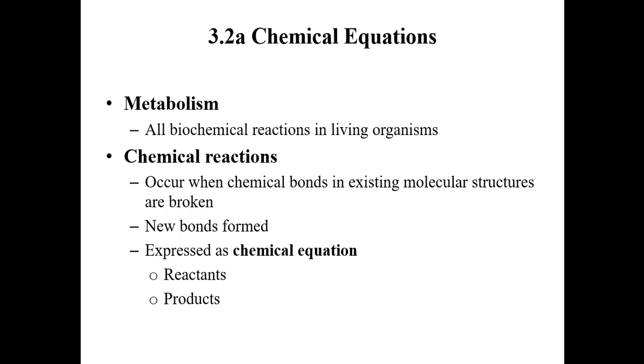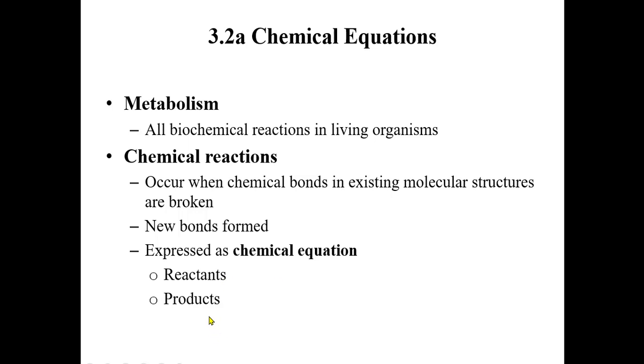Okay, then we have our chemical reactions or chemical equations. This is a pet peeve I have. You have to understand that what you start with is called a reactant.